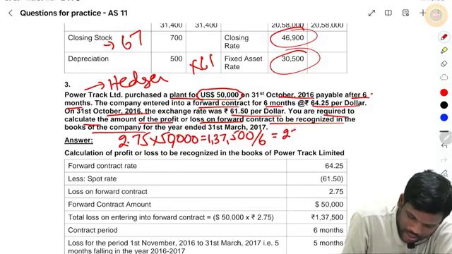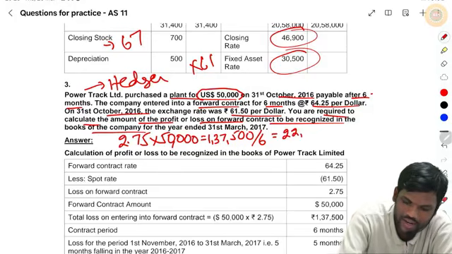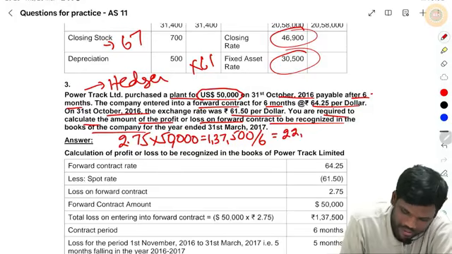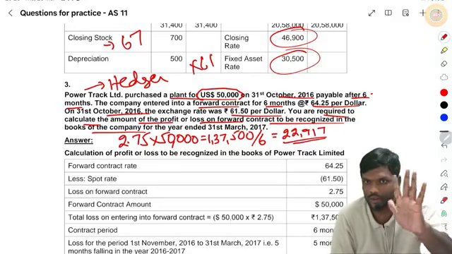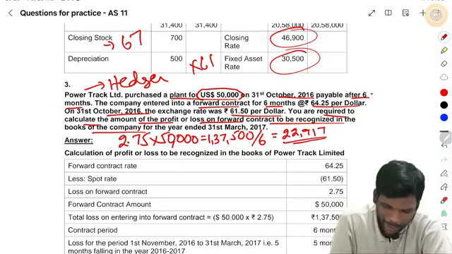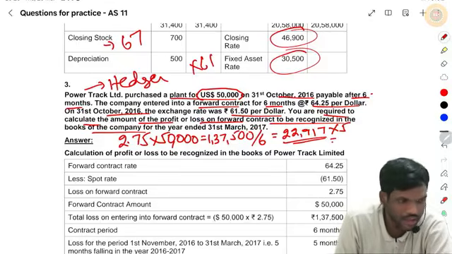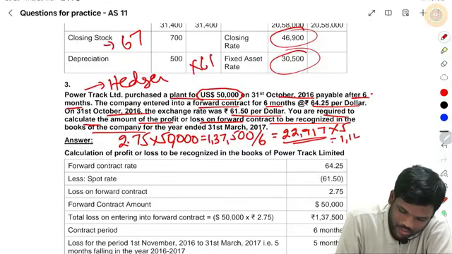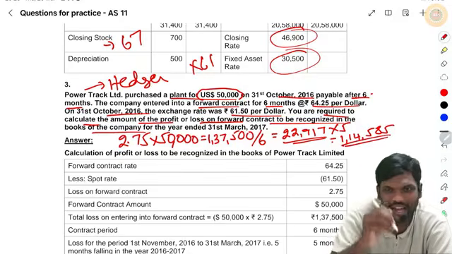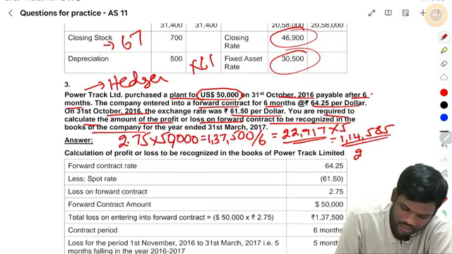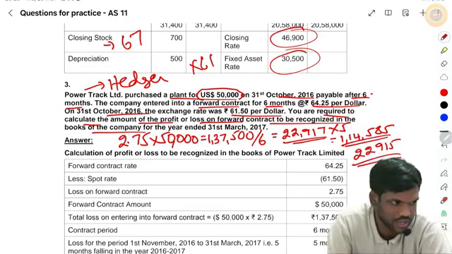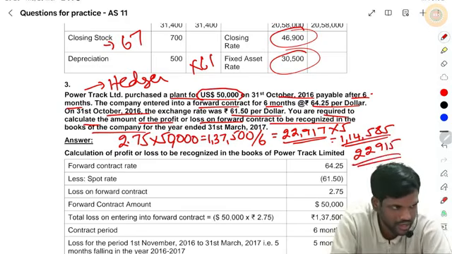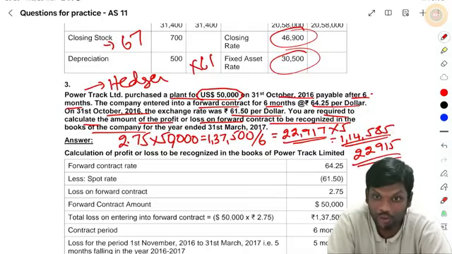So per month it is 22,917. In this year, how many months do we have? 5 months: November, December, Jan, Feb, and March. So into 5, 1,14,585 will go to the P&L of the current year. For the next financial year, the remaining 22,915, because that 1 month falls in the next financial year, will go to next year's P&L. I hope you are very clear.